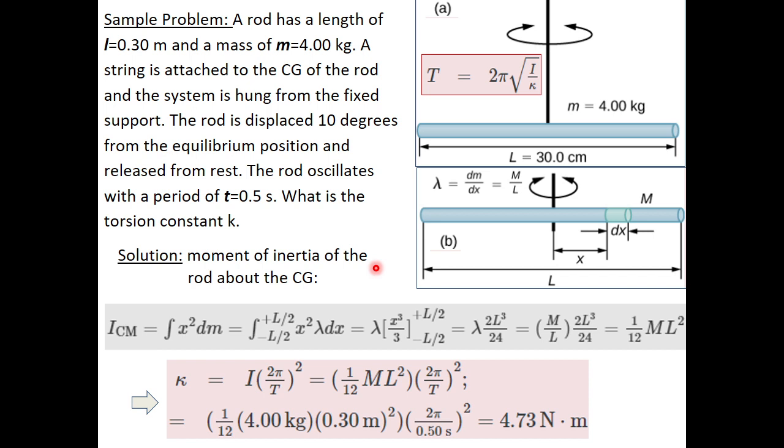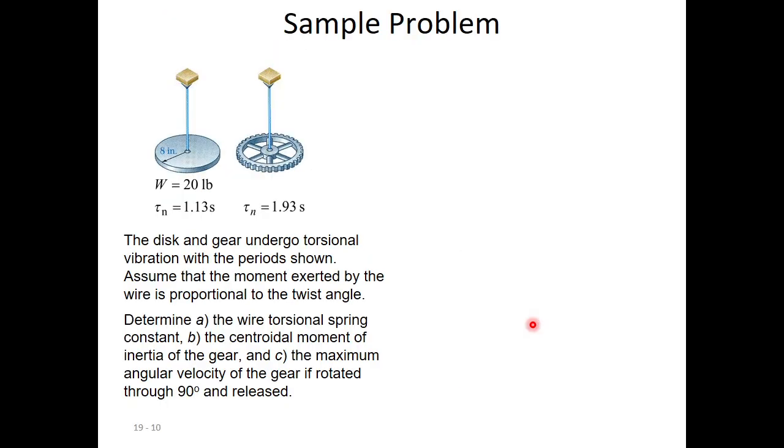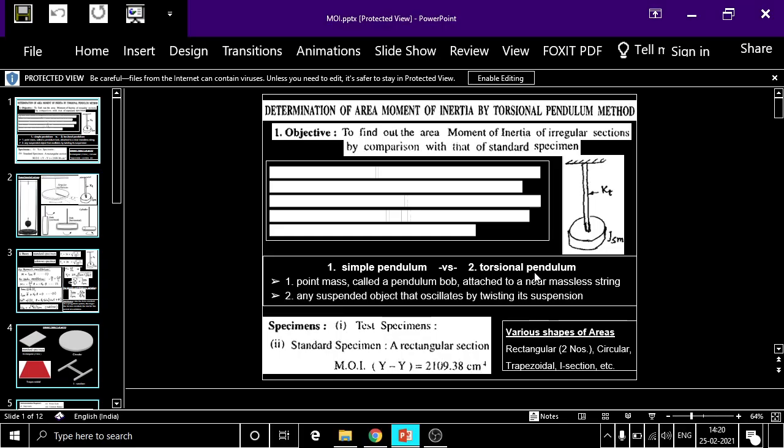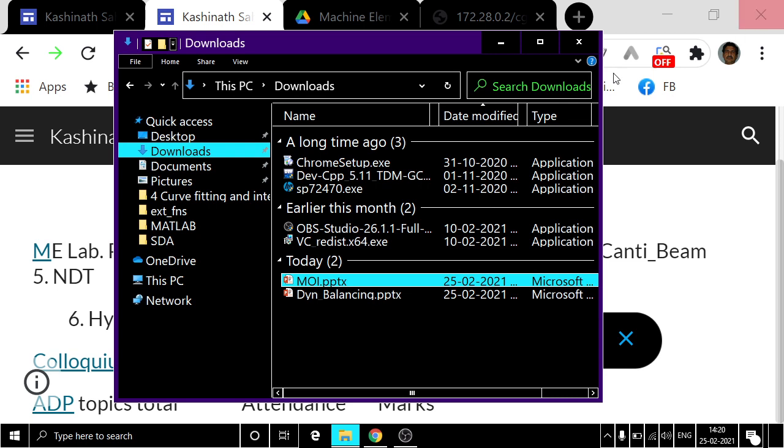Right. There are some more types of problems which you can solve. This will give you some idea about this technique. However, this is not a very difficult one. Right. So this was our first experiment.